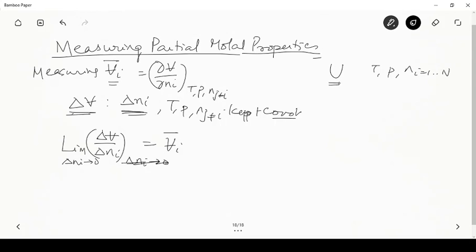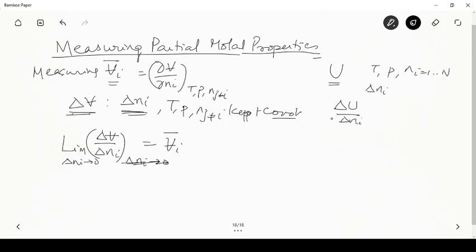Suppose I know the value of U by some calorimetric method. Now I add delta Ni moles of species i while keeping the temperature, pressure, and all the other mole numbers constant, and I measure the value of U. So I get the change in U between the initial state and after adding Ni. So I know the value of delta U and I know the value of delta Ni, right?